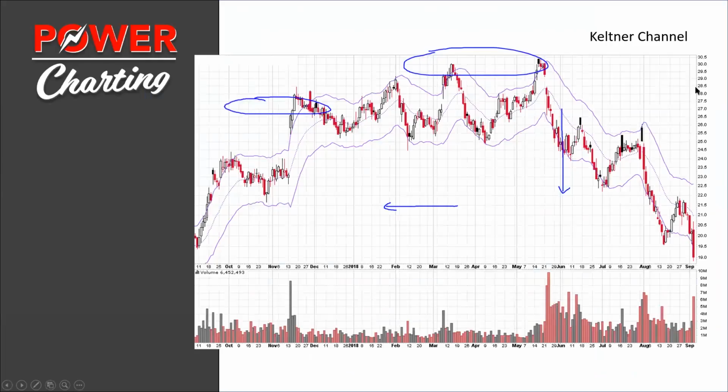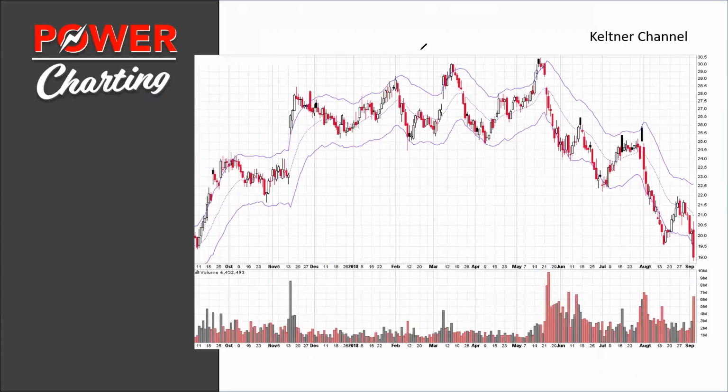To discuss the idea of the Keltner channel, Keltner is based on a 20-day or 20-period EMA. Unlike the Bollinger, it's a little smoother and has a more consistent envelope around the 20-period EMA.